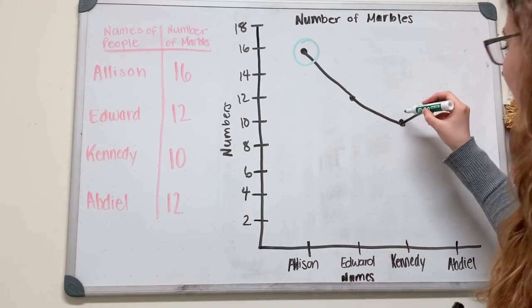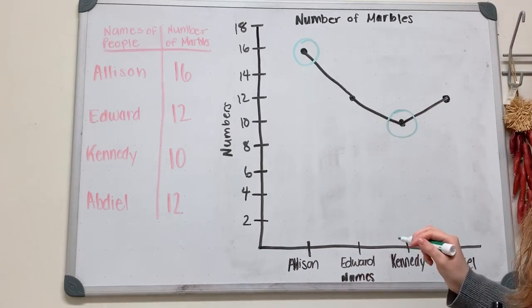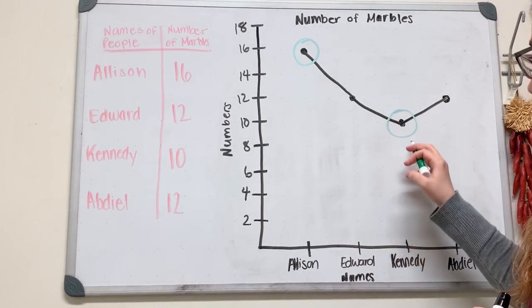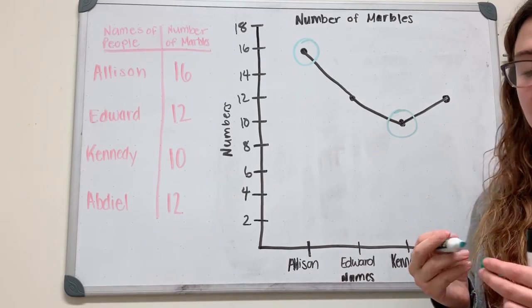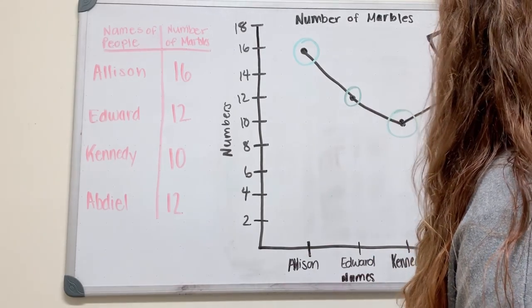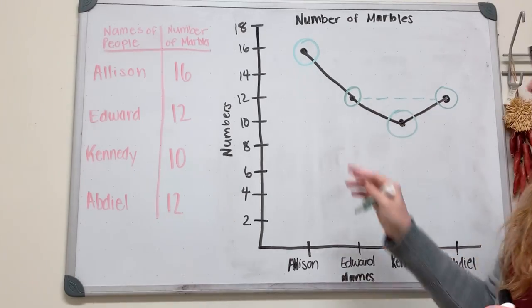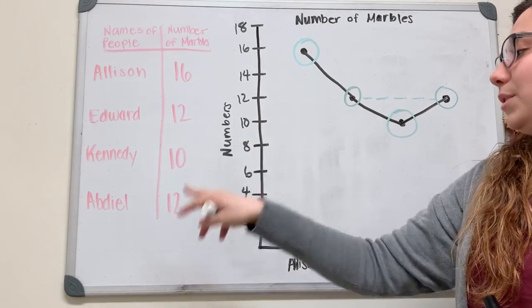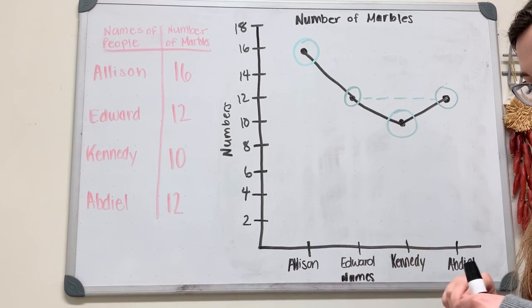Now the lowest point on the graph is way below the highest. And that is the lowest number, which is 10. Kennedy has 10 marbles. And then you can see these 2 points are on the same level, meaning both Edward and Abdiel have the same number of marbles, which is 12.